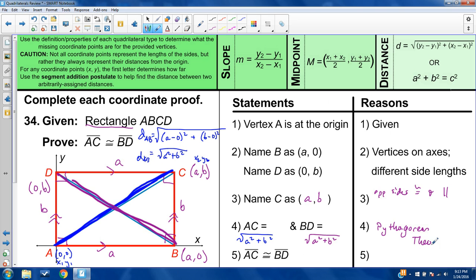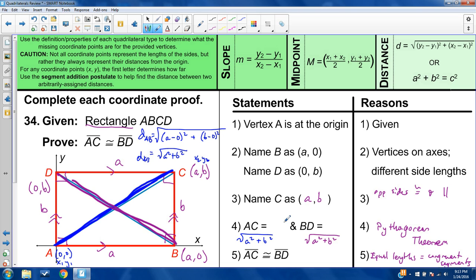They use the same distances no matter which way you go about it, but if you assign them these things and use the distance formula, you're going to get the exact same thing as you would with the Pythagorean theorem. So AC and BD therefore are congruent because equal lengths equals congruent segments. Not very well written.